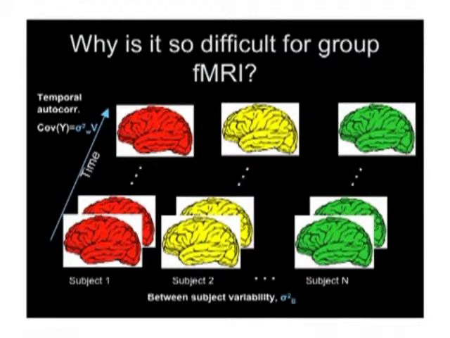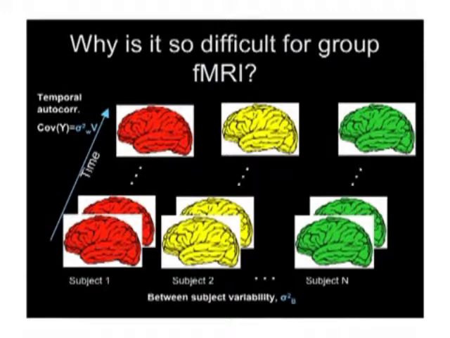Anyway, so here's just a breakdown of what these variance components are. So first, if we just focus on a single subject and we analyze a single run of data, so we're taking snapshots of the brain over time. Now, if we pick a single voxel out of that brain and look at the time series in that voxel, we'll find that the covariance of that time series is kind of complicated.